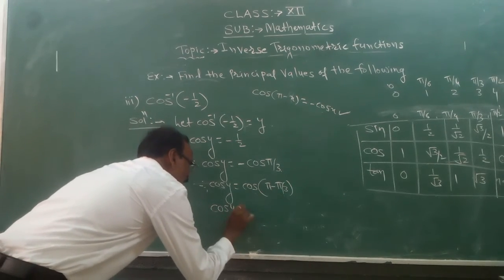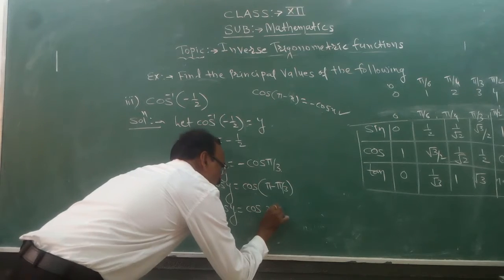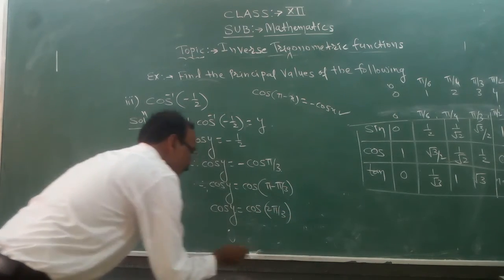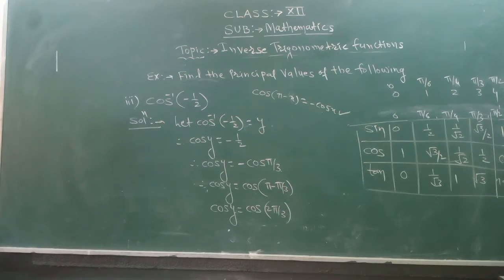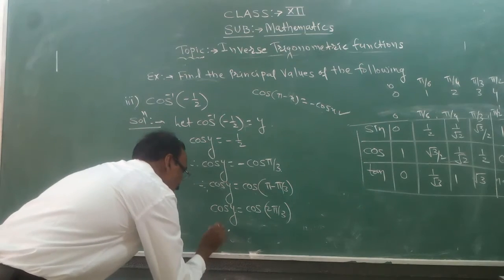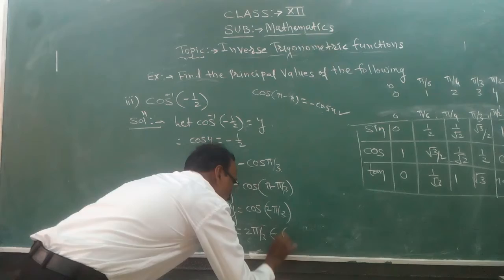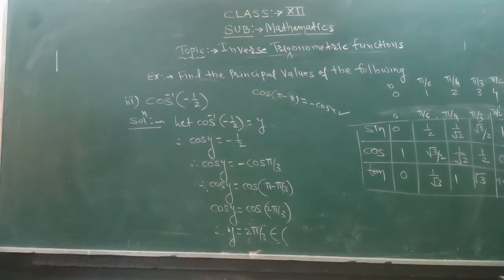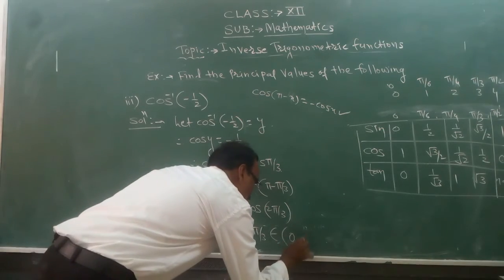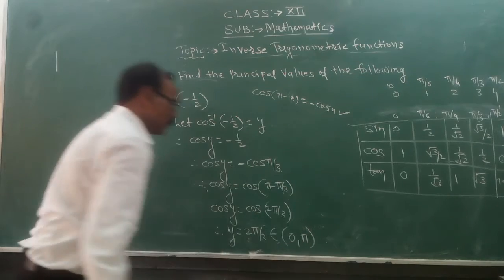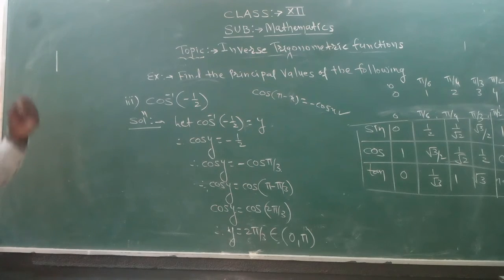Therefore, cos y equals cos 2 pi by 3. 2 pi by 3 is 120 degrees. Therefore, y equals 2 pi by 3, which belongs to 0 to pi, the principal value branch. Therefore, 2 pi by 3 is the answer.